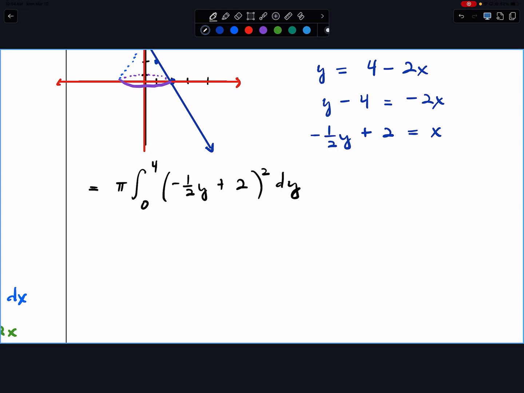Now you guys could do a couple things. If you're really lazy, you could do u substitution here if you really wanted to. Or we can just multiply this out. Do you guys agree that this means this times itself?